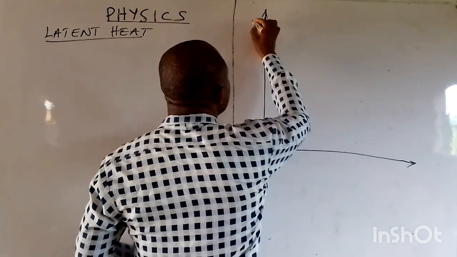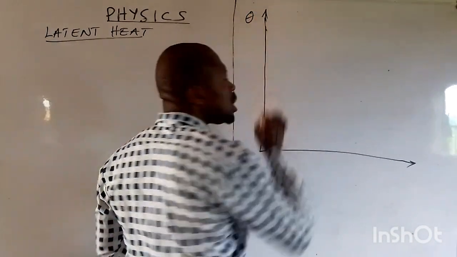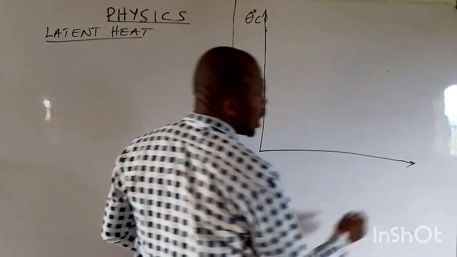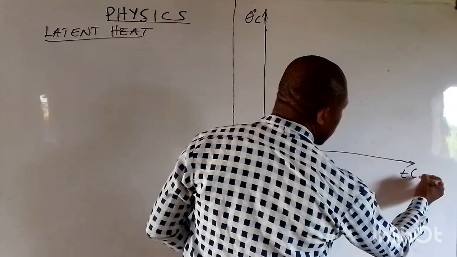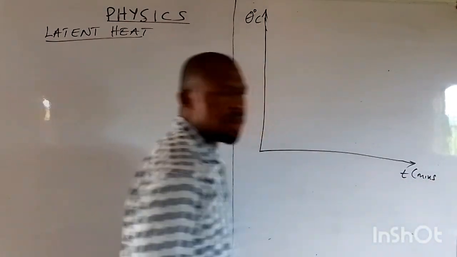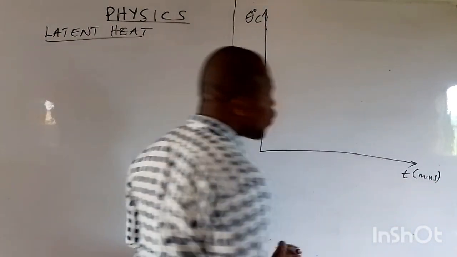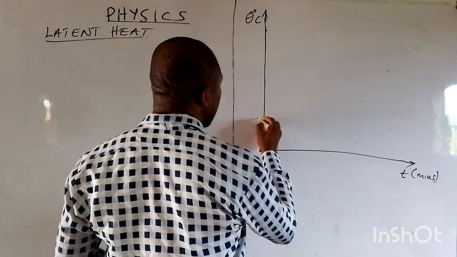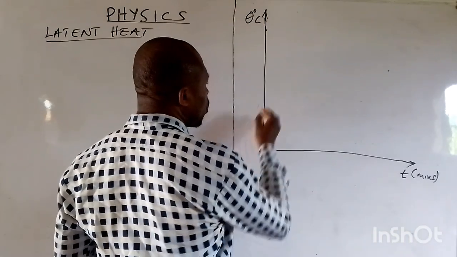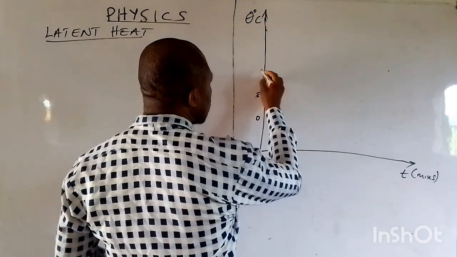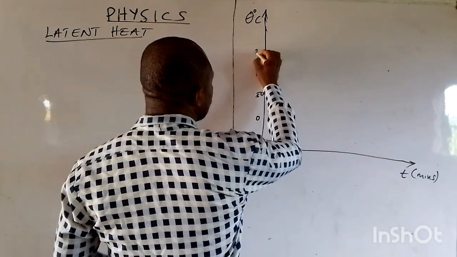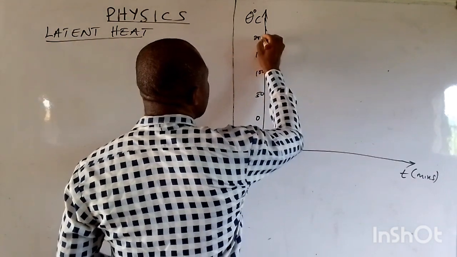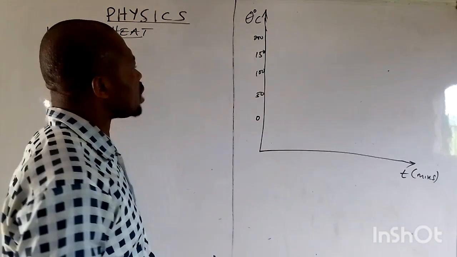So here we can have temperature, theta, plotted in degrees Celsius against time. This time could be in minutes. So if we have something like this, let's say here we can have 0, 50, 100, 150, and we'll have 200 as the case may be.